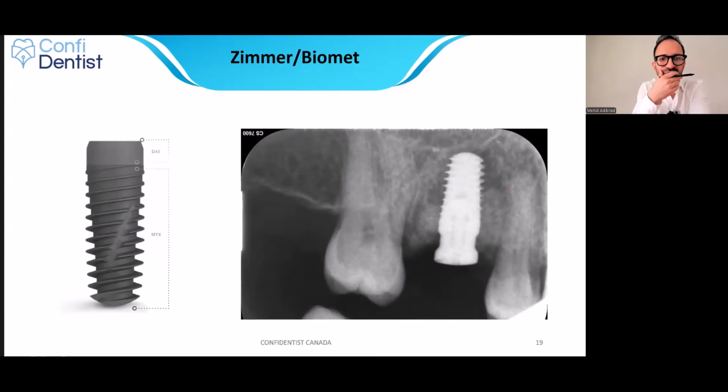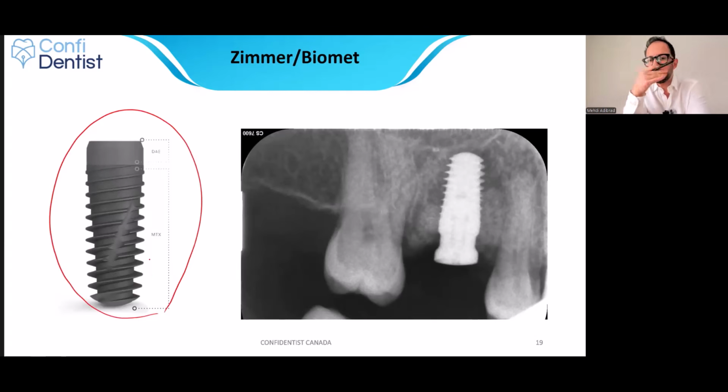Another example of Zimmer Biomet, but this is a different design. So this design is more for immediate cases or cases that you want to get better initial stability, like in posterior maxilla. So this design has more micro thread, but the apical part, the threads are very aggressive.